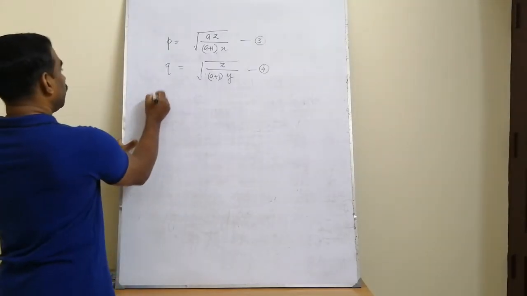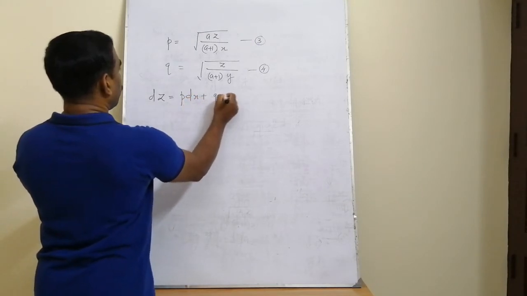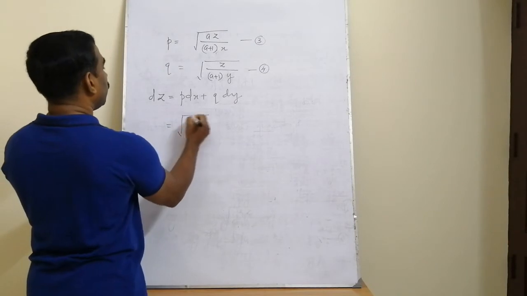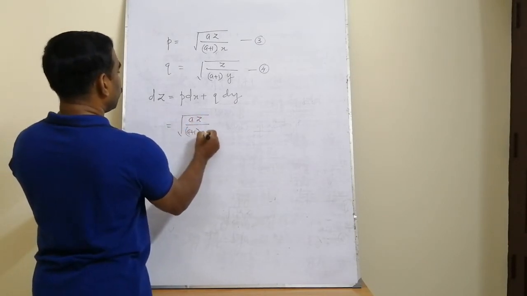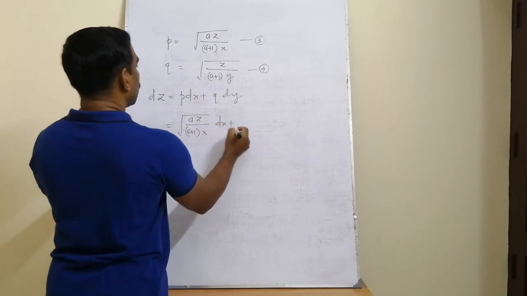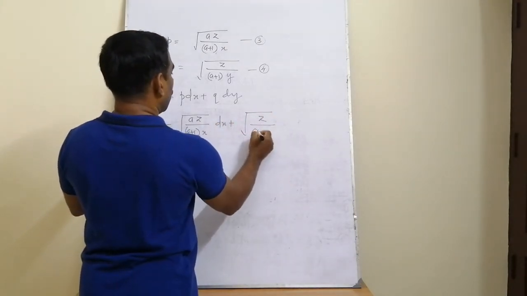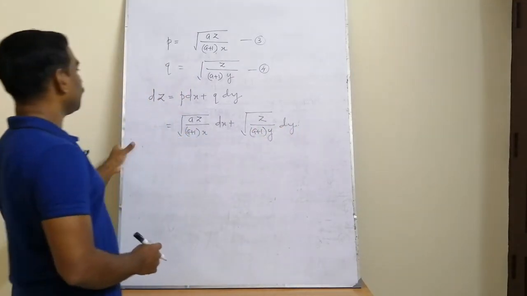Now the differential of the solution, dz equal to p dx plus q dy. Substituting the values of p and q, that is square root of a z by (a plus 1) x dx plus square root of z divided by (a plus 1) y dy.